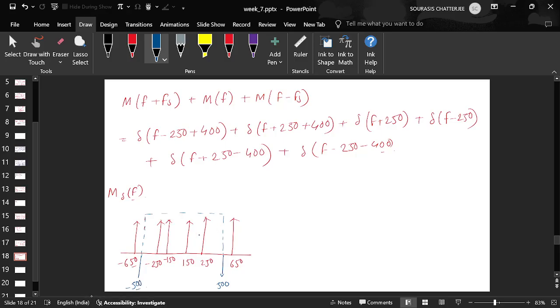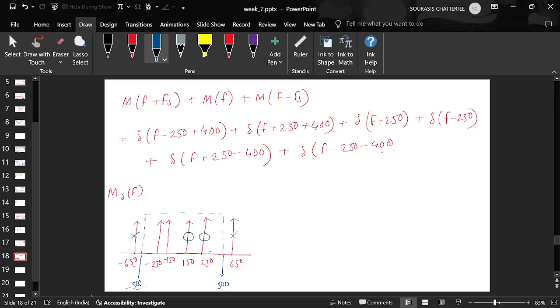So you can see that the only sinusoid components present are 150 hertz and 250 hertz, because it's a low pass filter with cutoff frequency 500, so the 650s are going to be blocked.